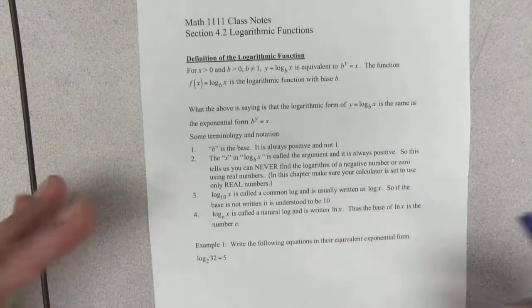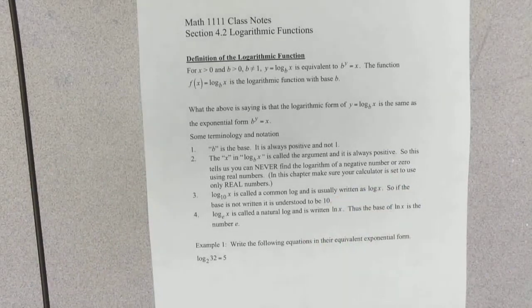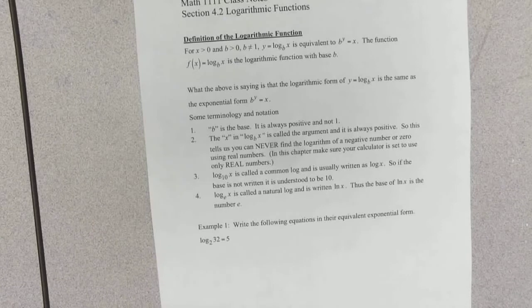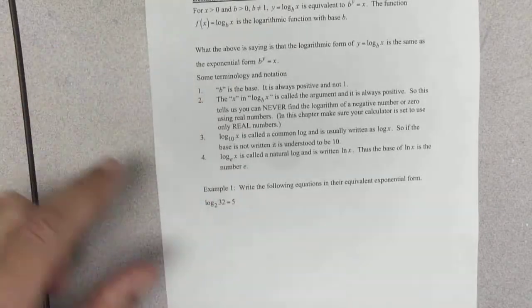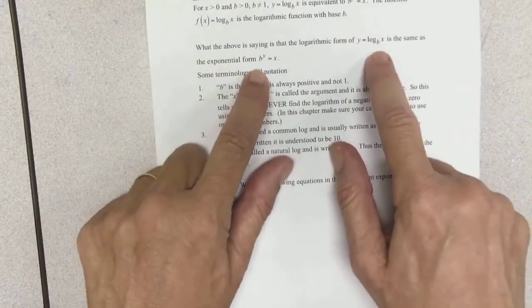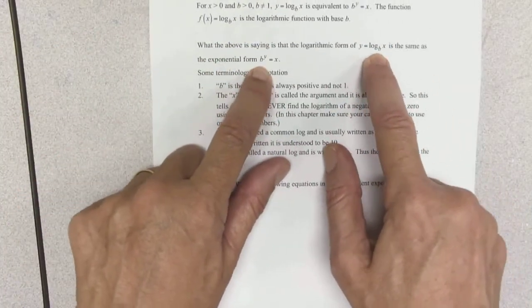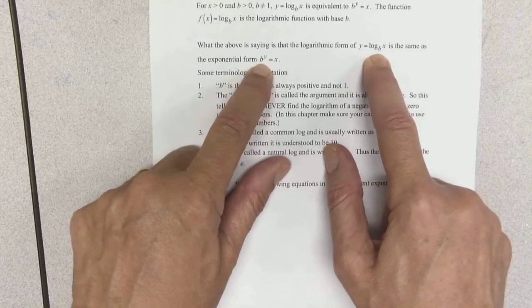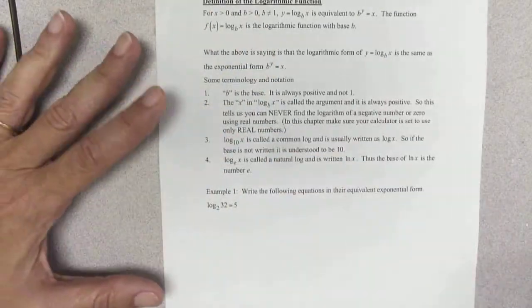So what we're going to do first is some practice writing between the two forms, the exponential form and the logarithmic form. To do this, I like to use a little fill in the blank thing and a couple little phrases that help us remember. These two are equivalent. The base of the logarithm is the base of the exponential.